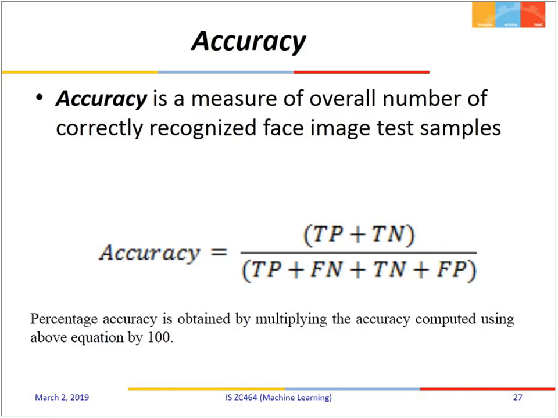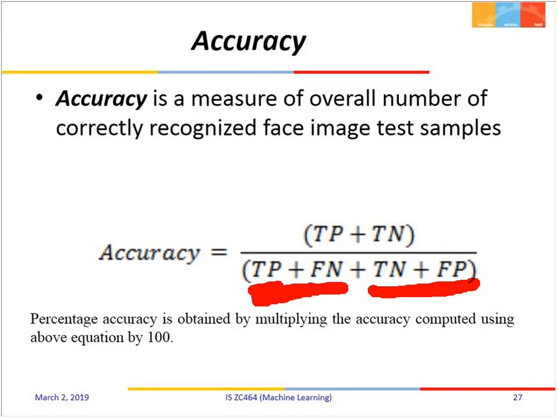Who will be the authorized people? True positive, yes, and false negative. These are all those people who are authorized. And who are the imposters? True negative and false positive. This number constitutes the total number of imposters. Am I right? True negative plus false positive is the total number of imposters, and true positive plus false negative is the total number of authorized people.